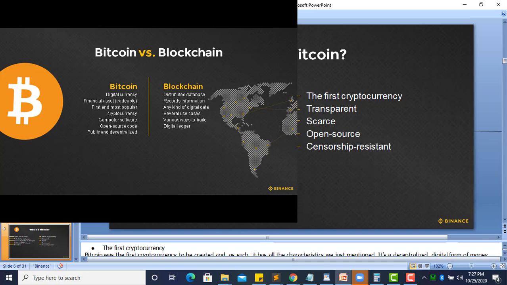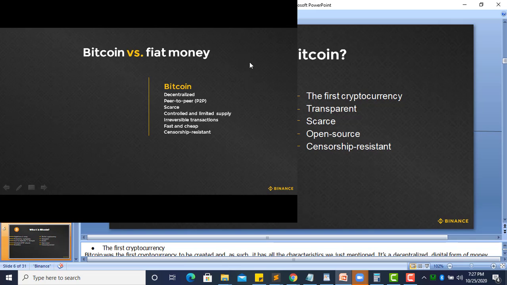I told you before that Bitcoin is the first use of the cryptocurrency protocol. The computer software is open source. It's code that you can see and read, and you can also make your own contributions to the code. So that is what Bitcoin is. Public and decentralized, that is, everybody can have access to it. It is everywhere. So that is Bitcoin versus blockchain.